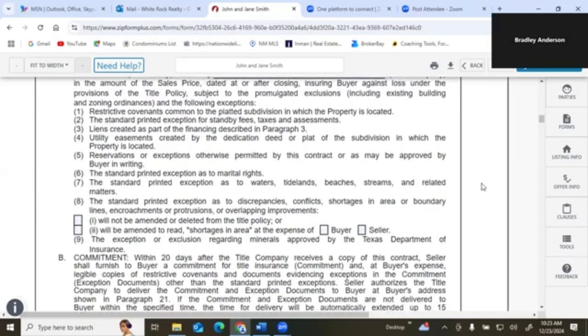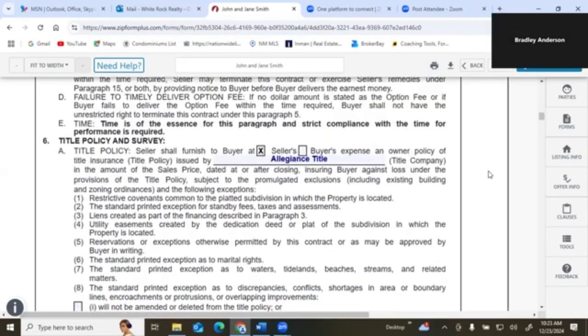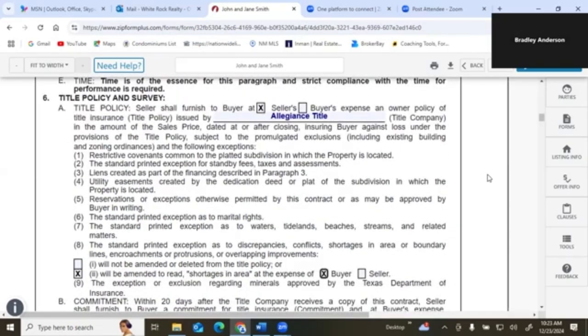And then you get down to here, where you're always going to want to check this last one: will be amended to read shortages in area at the expense of the buyer. So this means that if the survey is short in one area or there's some kind of deficiency, say a guy's fence is on your property, your buyer wants to have the option of buying extra title insurance to cover that. Okay, anything that didn't pop up previously.